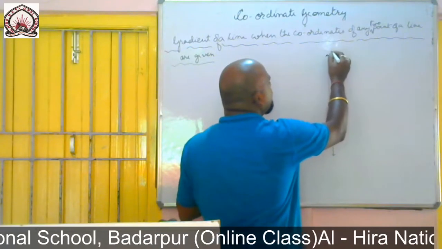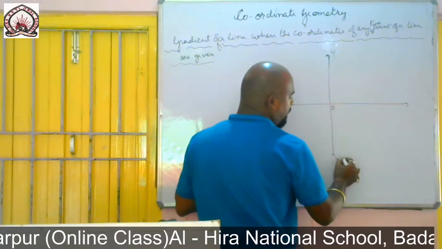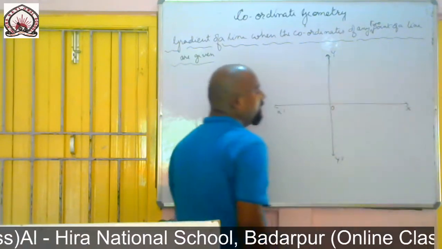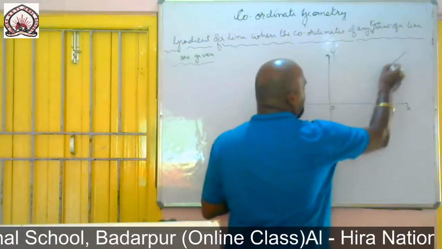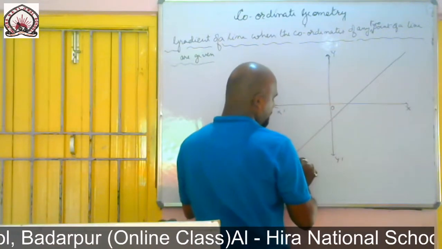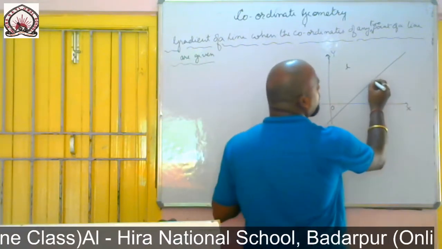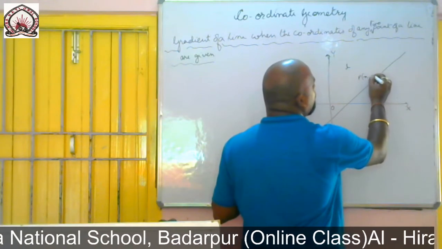Okay. This is y, this is y dash, this is x dash, this is x. Okay. Now let us consider this is a line, that line is L. Now any point P whose coordinate is x1 comma y1.